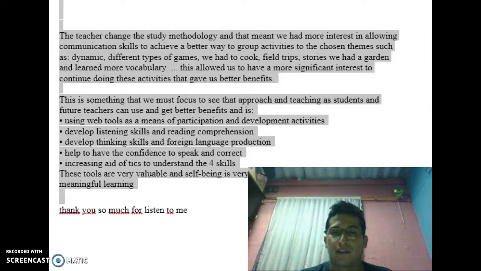This is something that we must focus on to approach teaching as a student. A feature teachers can use to get better benefits is using web tools as a means of participation, and video and peers, to develop listening skills and reading comprehension, develop speaking skills in foreign language production, and help to have the confidence to speak correctly, increase the interest of kids to understand the whole skill.